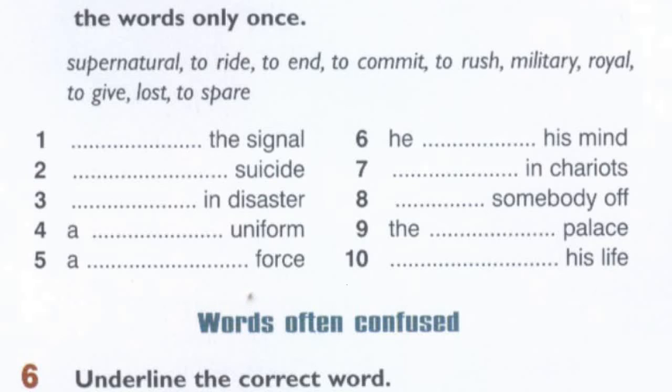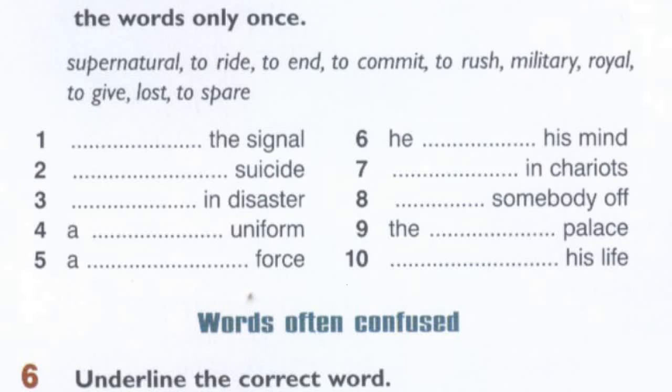And go for number 4. What's a blank uniform? A military uniform. How about number 2? Suicide. But what? Supernatural? No. Okay, to commit suicide.